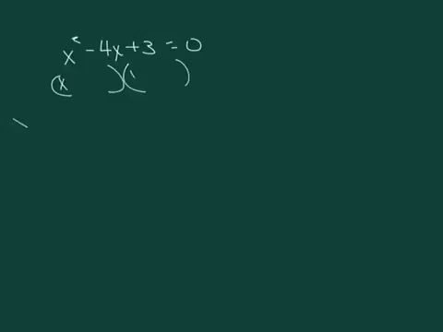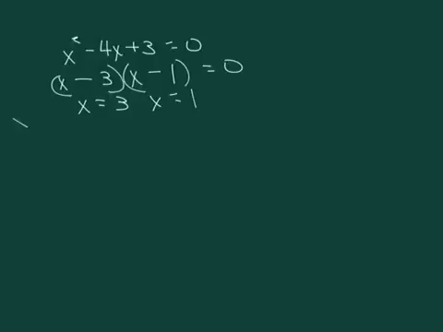All right, two numbers multiplied together give you 3, added up give you -4. Well, 3 and 1, and if we make both of them negative, we just solved, so x is 3 and x is 1. Okay, so another one that worked just fine.